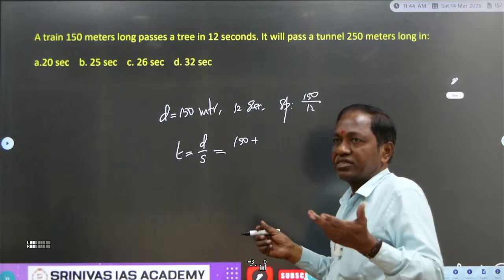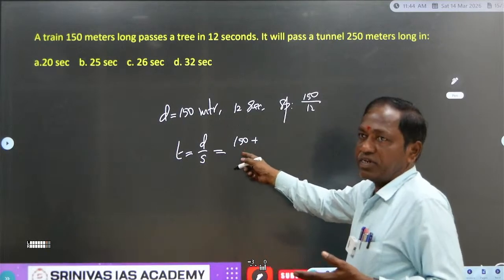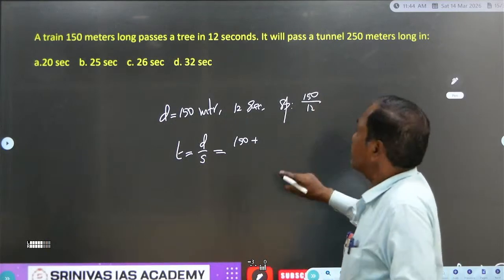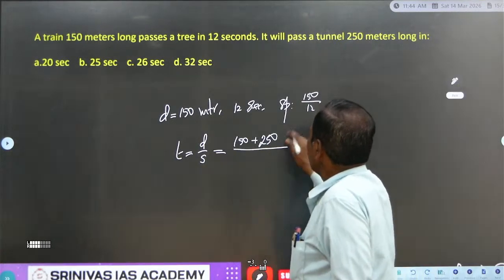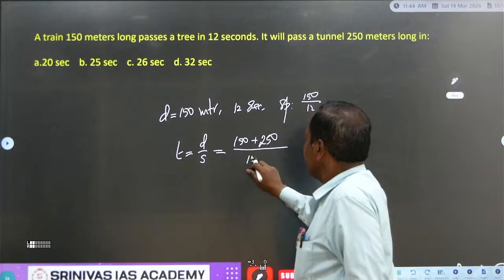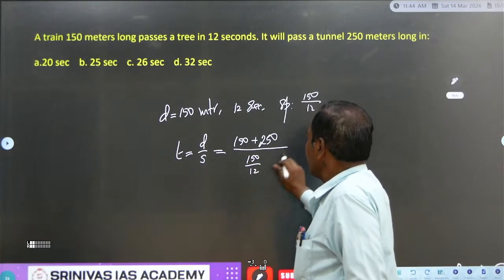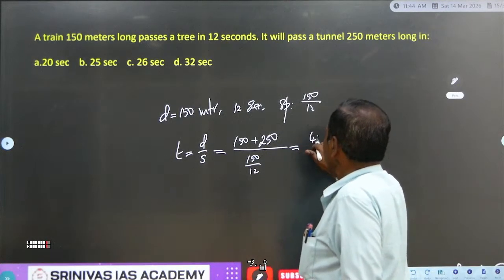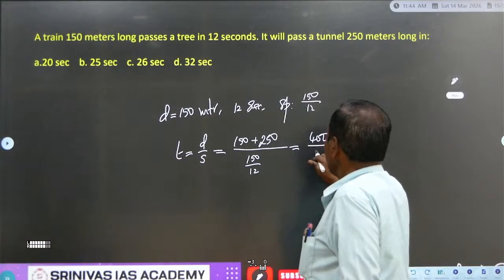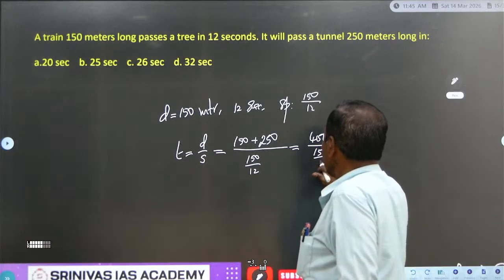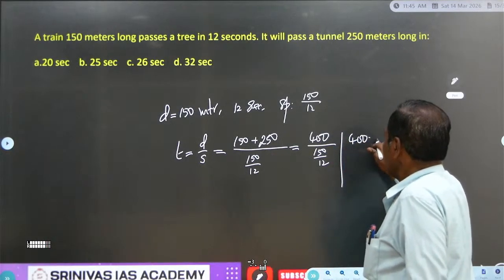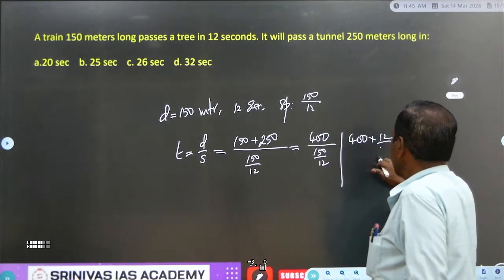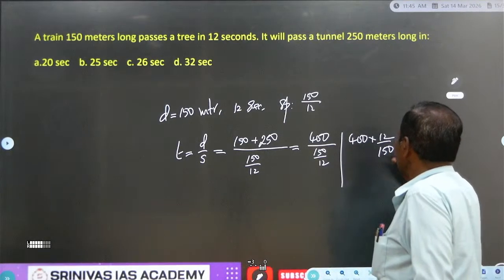So 400 divided by 150 by 12. Dividing by 150 by 12 means reversing the fraction, 12 by 150.